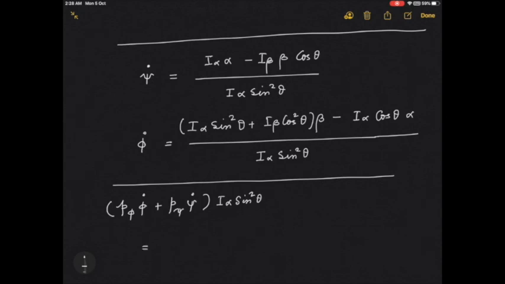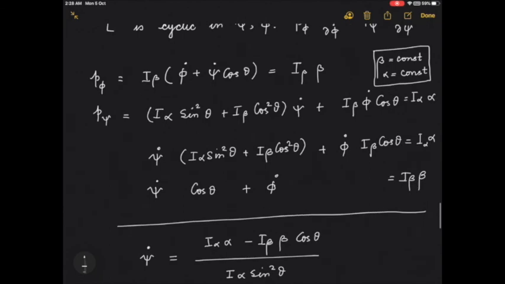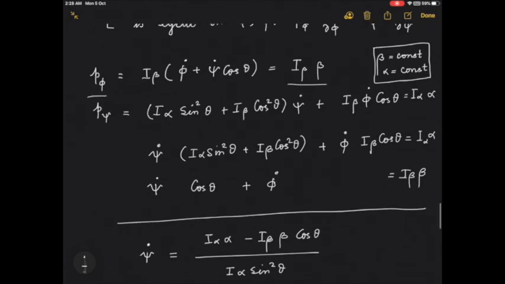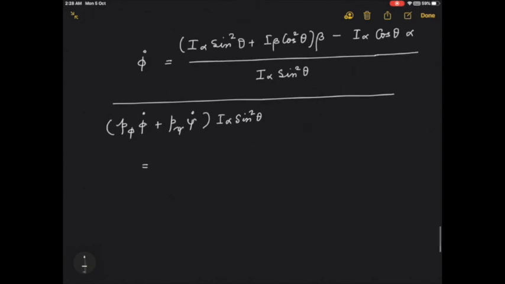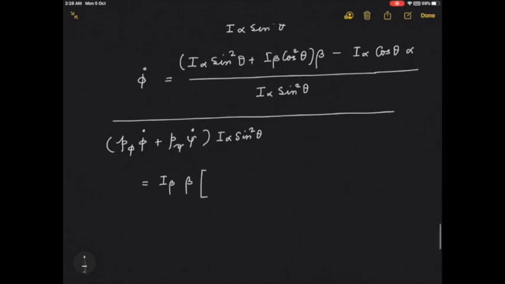So what is this? P phi is I beta times beta. So this is I beta times beta times the numerator in phi dot, which is I alpha sine square theta.